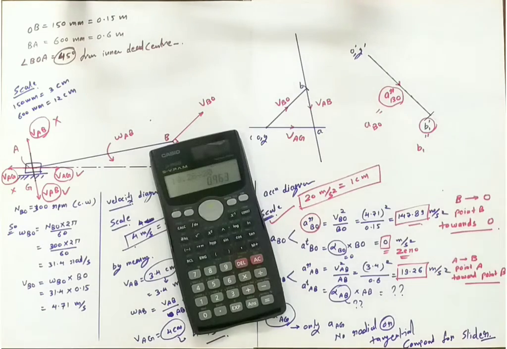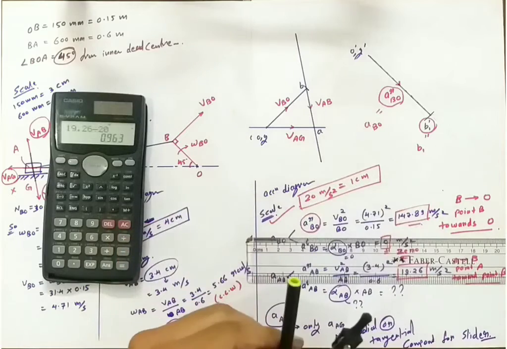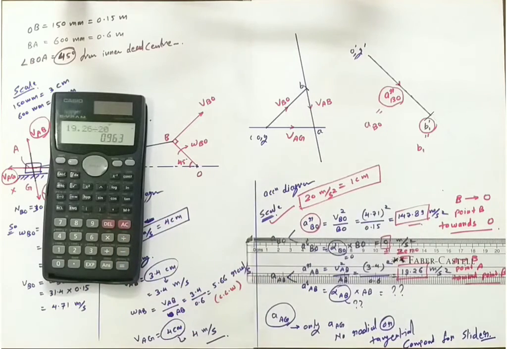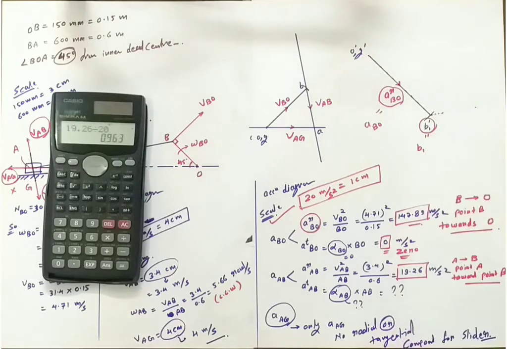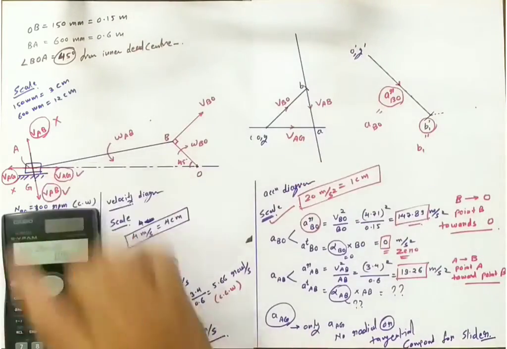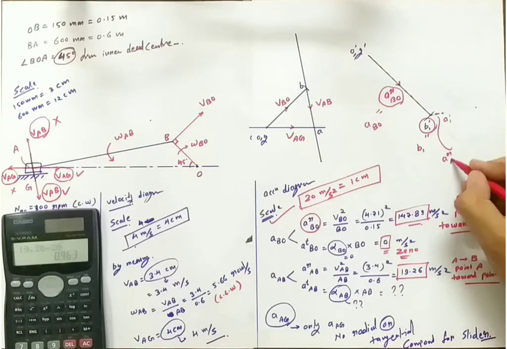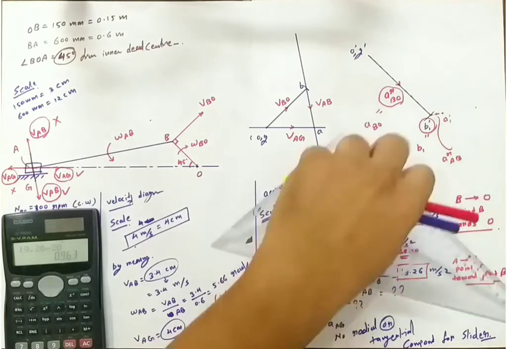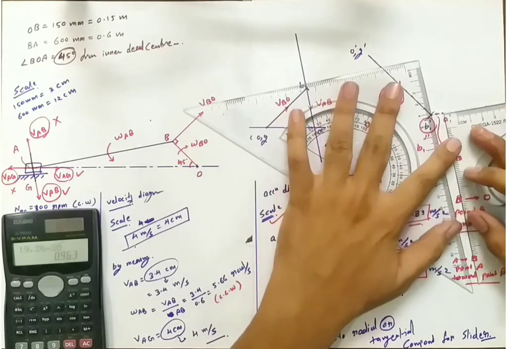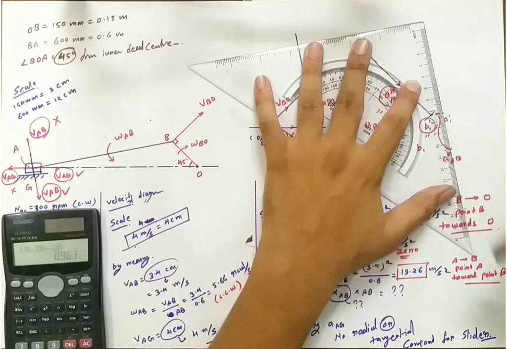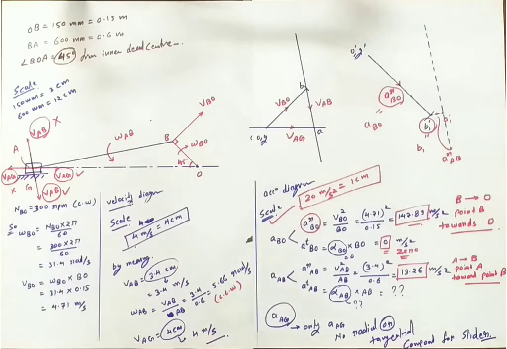So we'll mark this 0.96 centimeter on that. So this is the radial component of link AB. Now we'll go for the tangential component. As we don't have any magnitude, we will go for only direction, 90 degree to the radial component in both directions. So AB is completed.